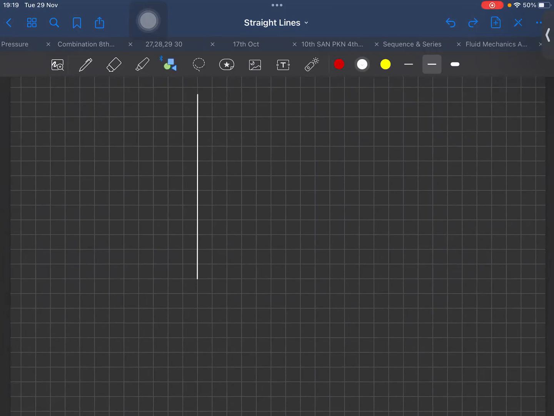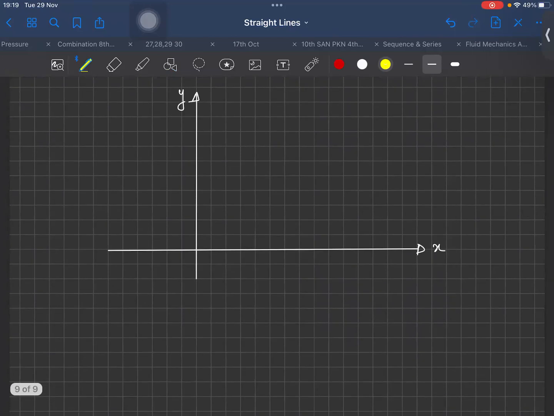Let's say this as a reference we are using y and this as x. All right. So till now, what do we know about a straight line? It's any line that you can draw, like this, or like this, or like this, any line, all are straight lines.